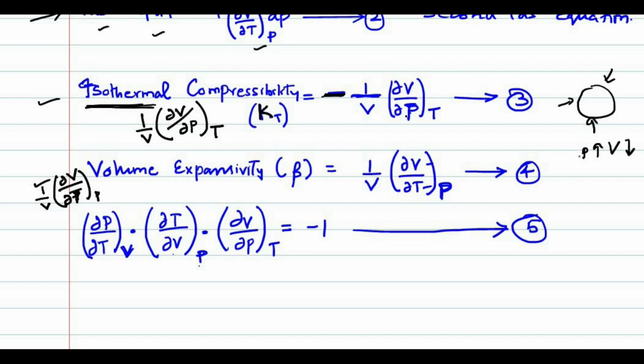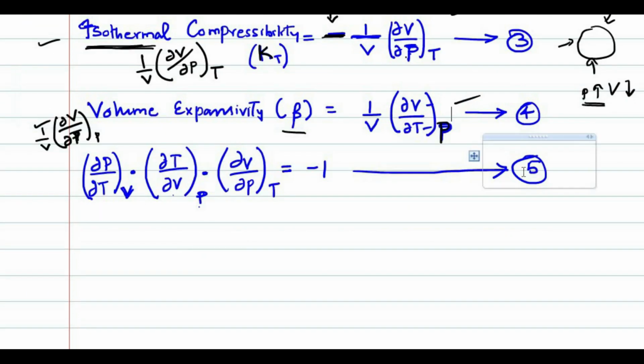To account for this, a negative sign is there. And volume expansivity is denoted by the term beta. This is equal to 1 by V dou V by dou T at constant pressure. Keep this as equation 3 and this as equation 4.